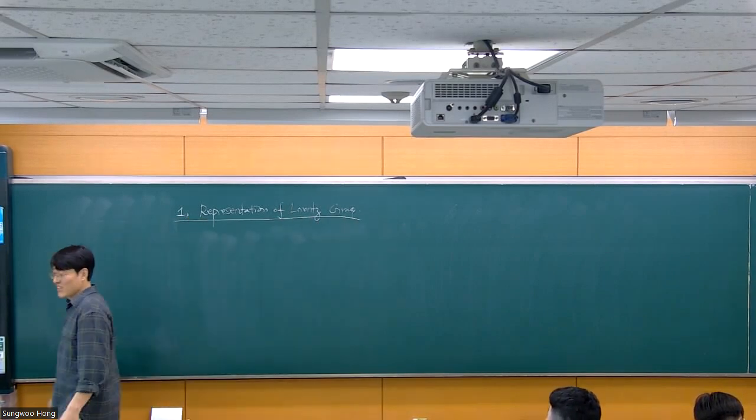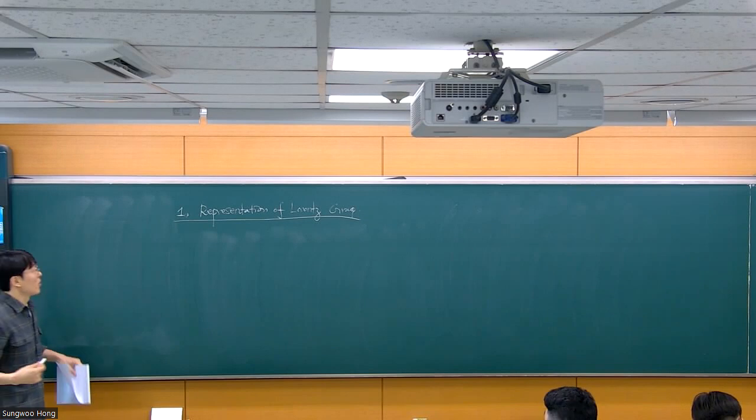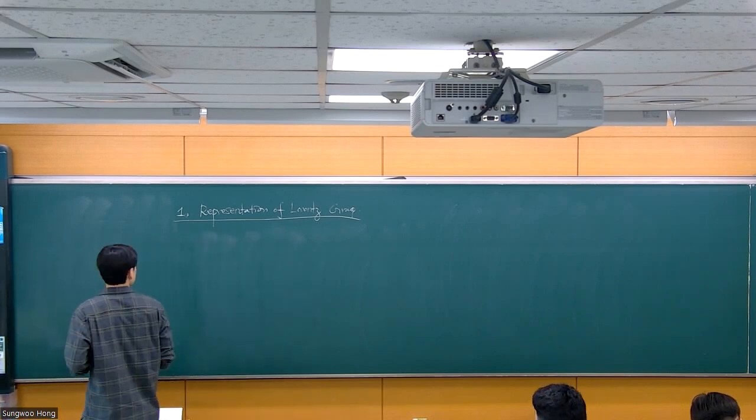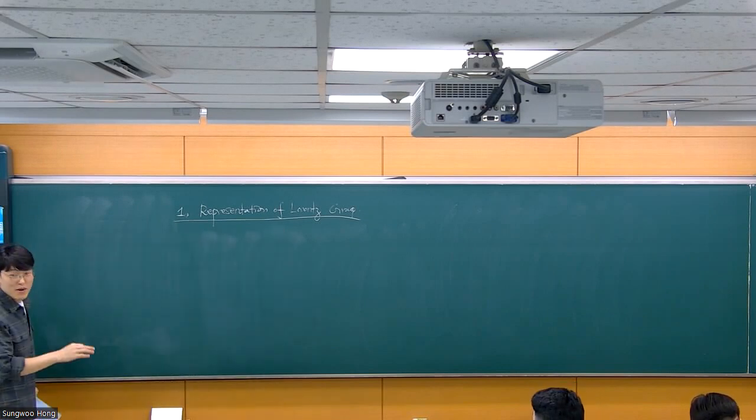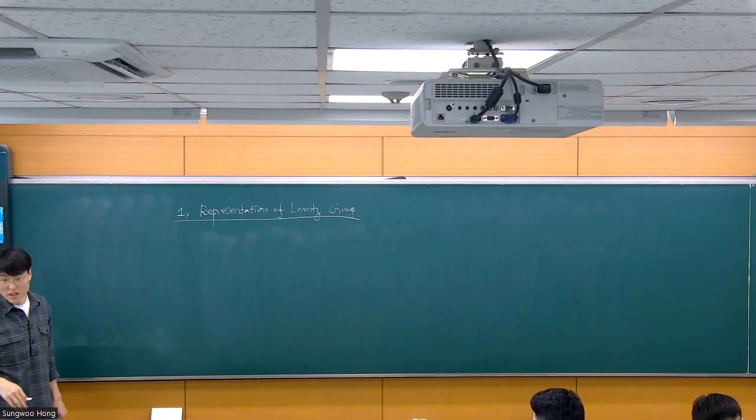You'll see. So here is the review. So what is the Lorentz group? This is a very quick summary. I'm not going to derive any result. I'm just going to write down expressions that hopefully you find familiar.